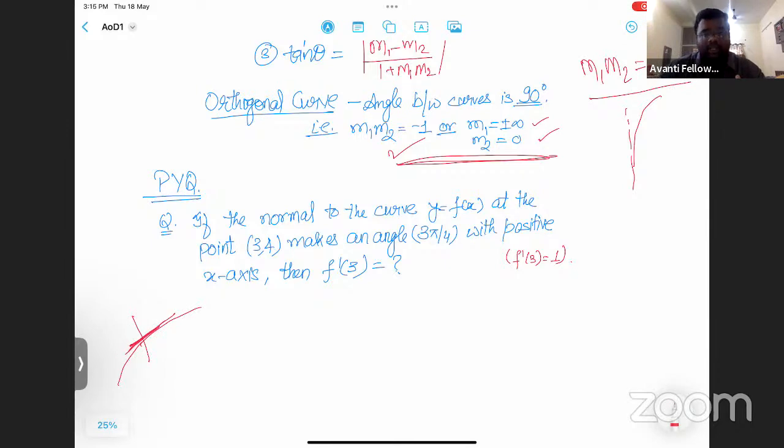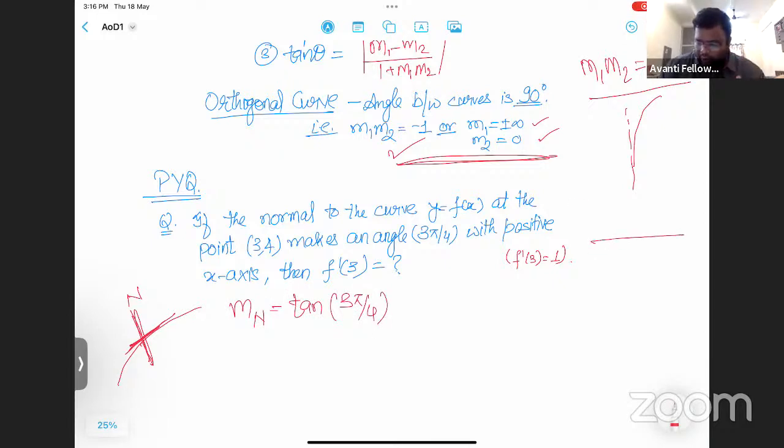And the normal is making a 3 pi by 4 angle with the positive x-axis. So can you imagine that the slope of the normal is given as tan 3 pi by 4? If this is the normal, can I say m normal is equal to tan 3 pi by 4?